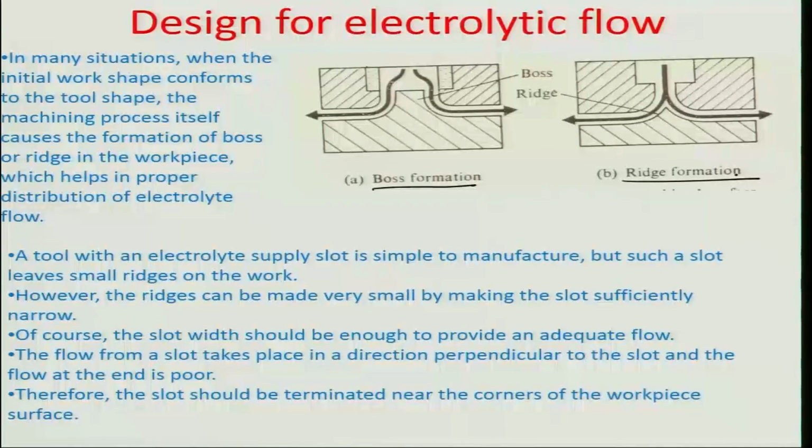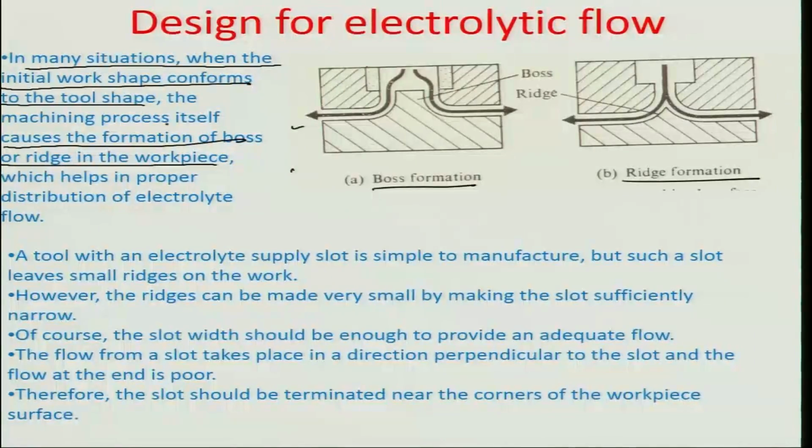So in many situations when the initial work surface conforms to the tool shape, as you can see here, the work surface is quite conformal. The machining process itself causes the formation of a boss or a ridge in the workpiece.